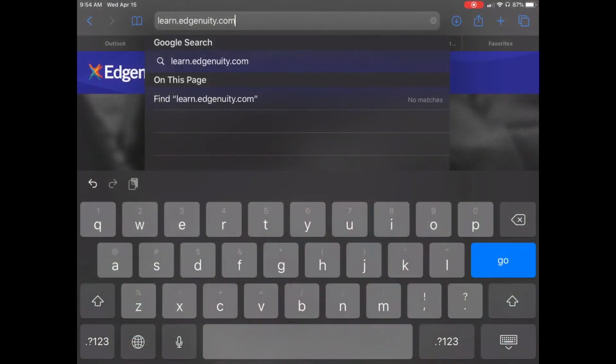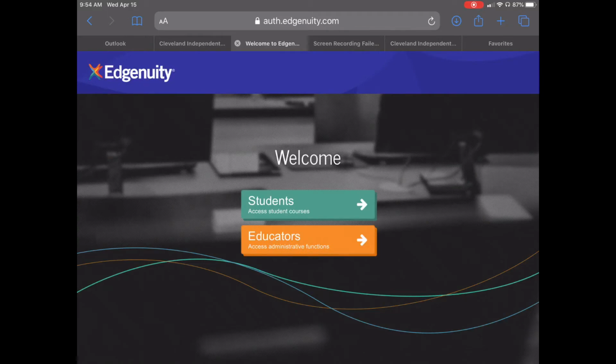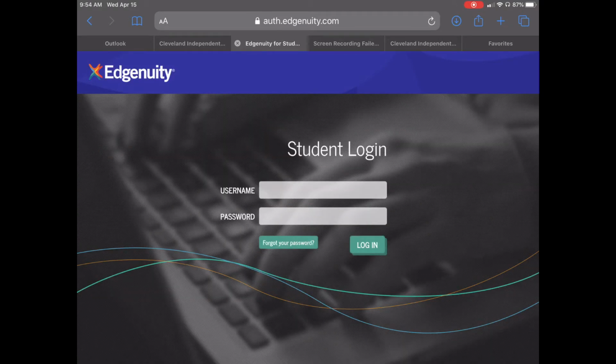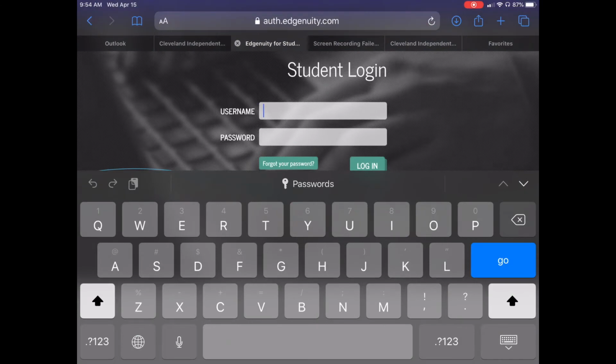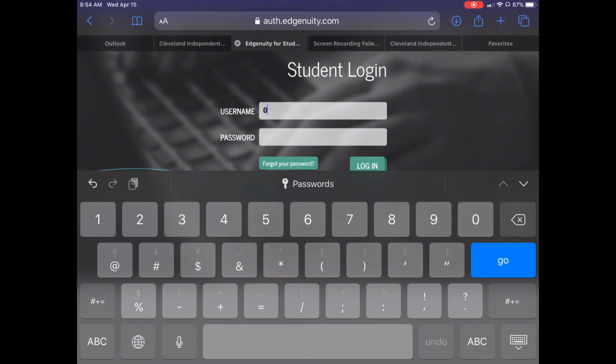All right, so here on your internet browser, we want to type in learn.edgenuity.com. When you get to this page, you're going to click on Students. Here's where on your username, you're going to put your student ID number. If you have a 0 at the beginning, put the 0. So let's say my number is 1, 2, 3, 4, 5.